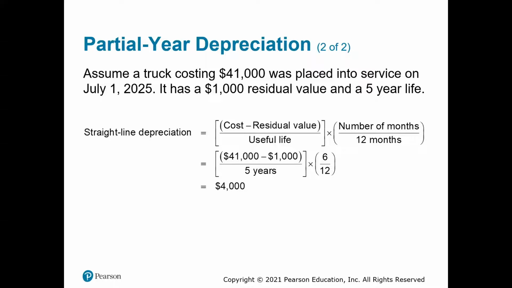So assume a truck costing $41,000 was placed into service on July 1st, 2025. It has a residual value and a 5-year life. Returning to the example, we see that the truck was in service for 6 months in 2025, from July 1st through December 31st.